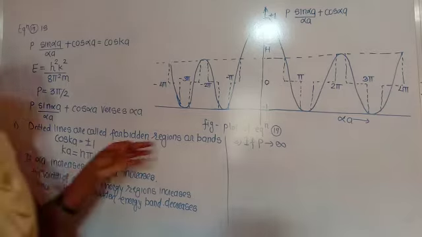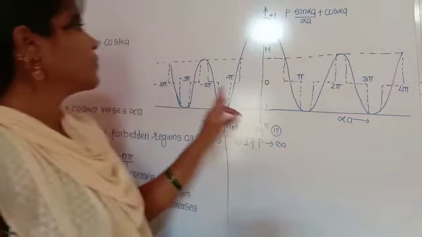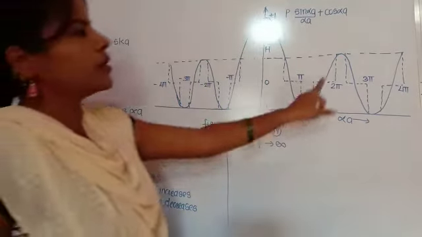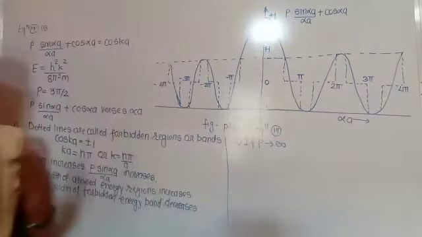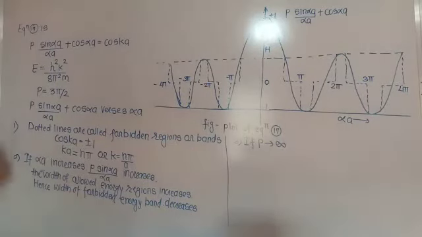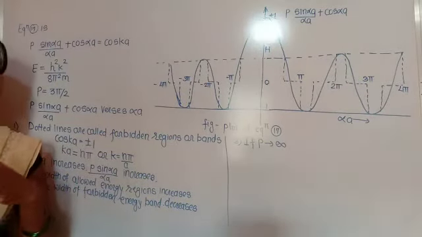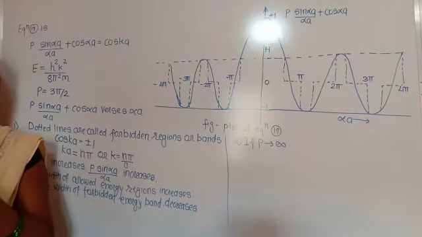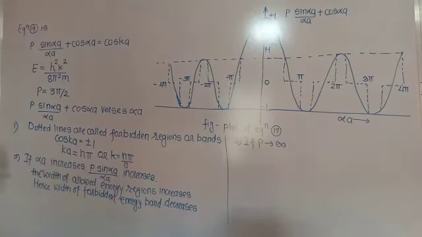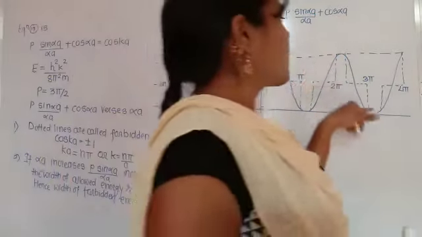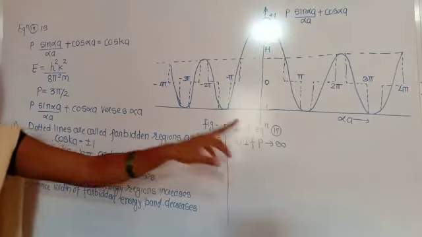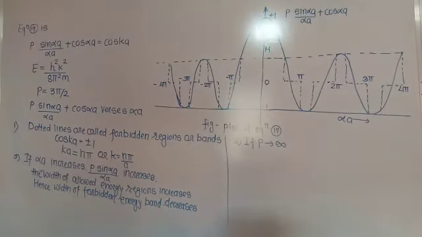When P tends to infinity, this value increases, so the allowed energy bands decrease, infinitely decreasing. So the width of the allowed energy band becomes like a line. This energy spectrum turns into a line spectrum as P tends to infinity, independent of the value of K.